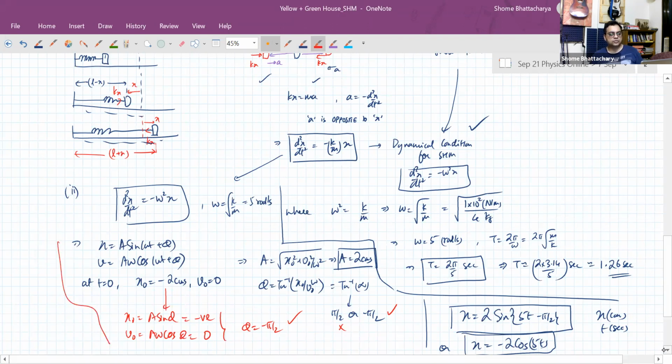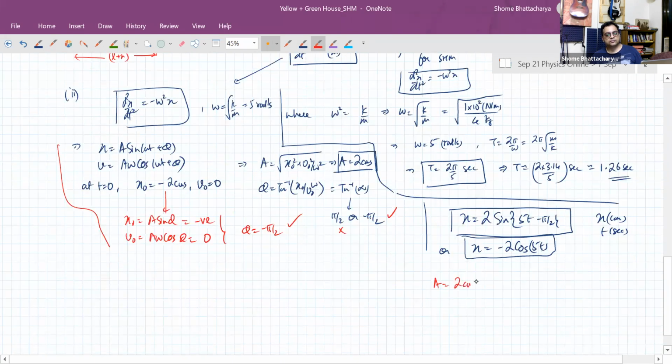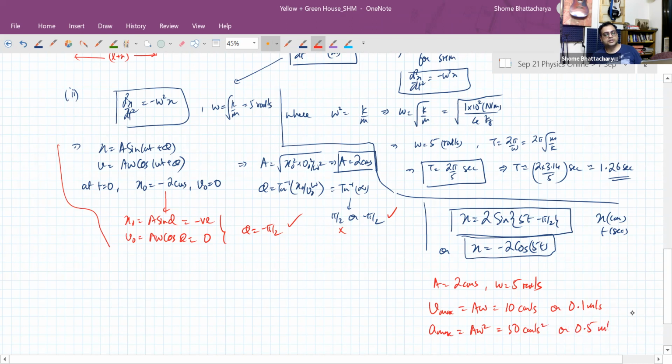Once you got the amplitude, maximum speed is 10 centimeters per second or 0.1 meters per second, and maximum acceleration is 25 into 2, so 50 centimeters per second square or 0.5 meters per second square.